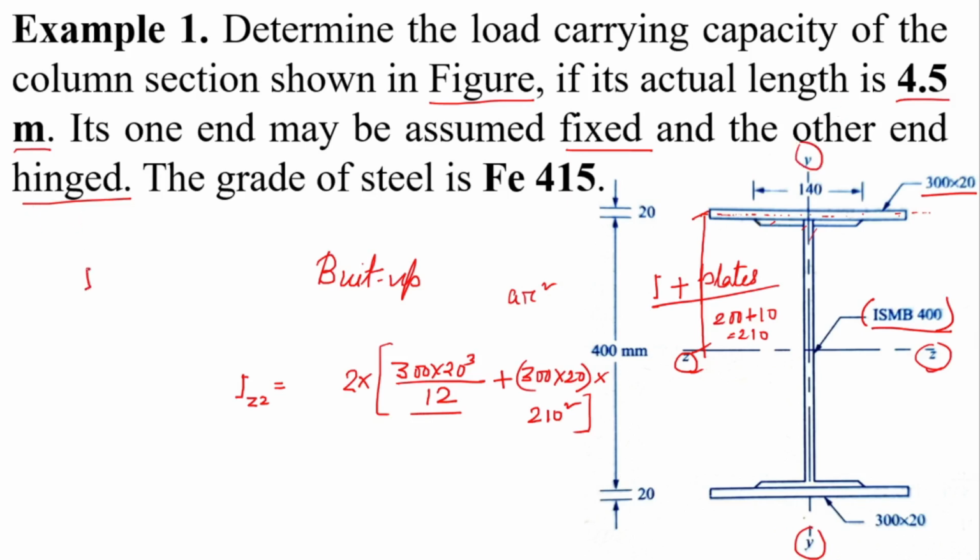So if I calculate IYY for the plate, if I consider the top plate, it will be 20 into 300 cube by 12. Here no need to use the parallel axis theorem, as the YY axis of the plate and the YY axis of the whole cross section are placed at the same position. So this is the IY for top plate. If I multiply it by 2, then I will get the IYY for both the plates.